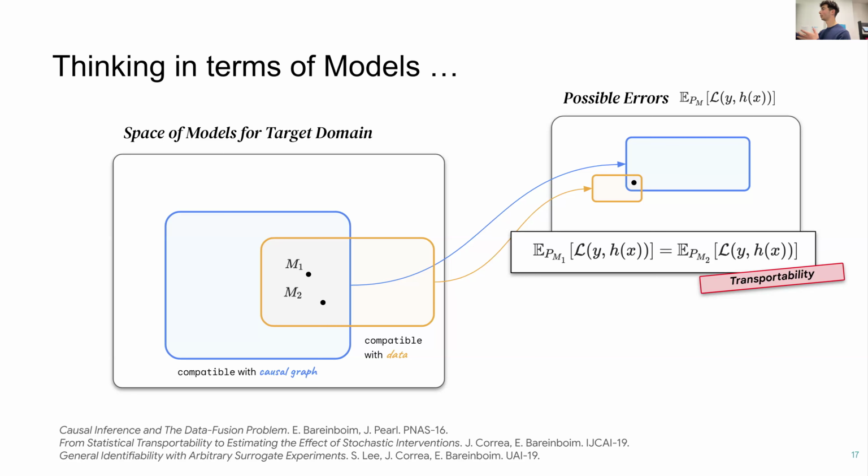You have a model for each one of the domains you have access to. And so saying compatible with data means that the set of models that you have generates your source data. So they have the same joint distribution? Yeah, exactly. Same joint distribution.